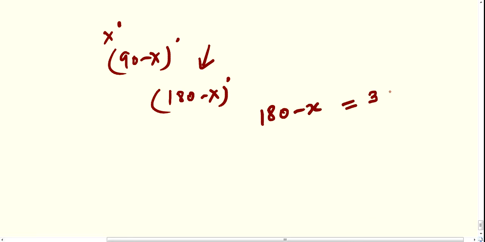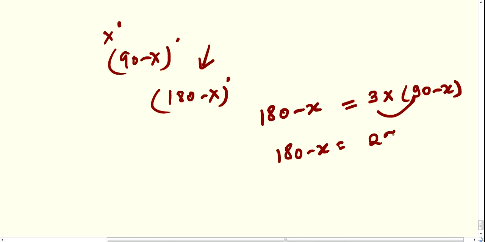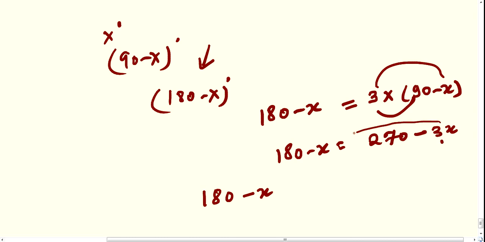That is 3 times, so 3 into 90 minus x. So 180 minus x equals 3 into 90, 270, then minus 3 into x, 3x. Taking this minus 3x to the other side, it will be plus 3x equals 270.